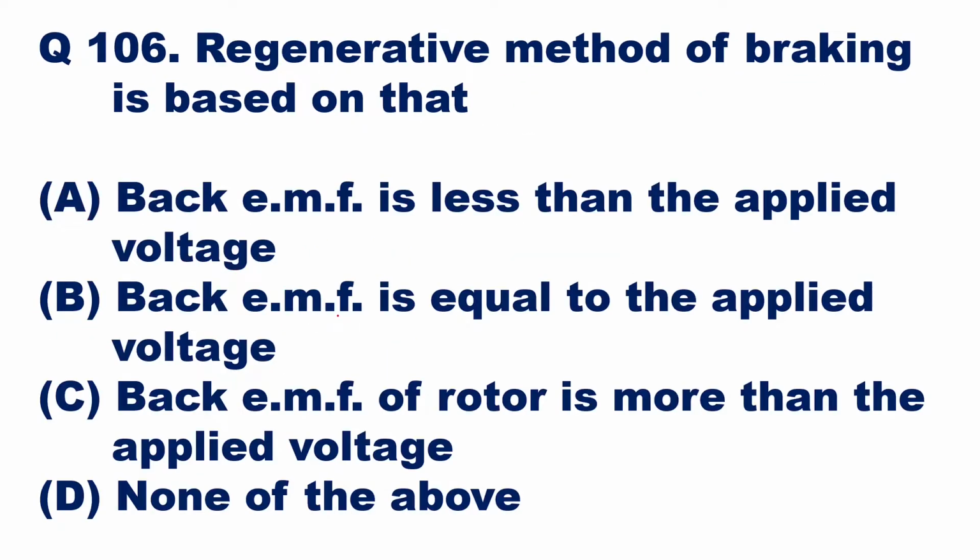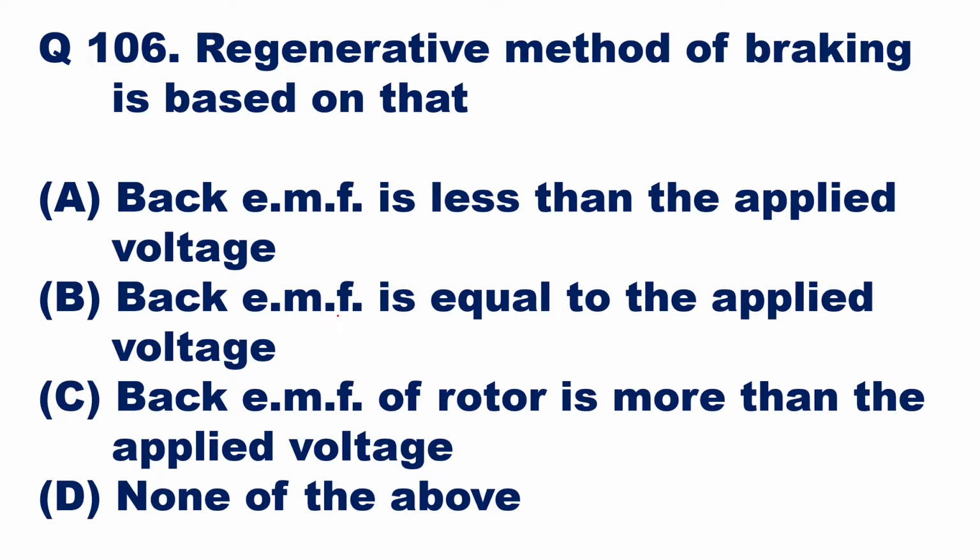Then we'll go to question number 106. The regenerative method of braking is based on what? Option A, back EMF is less than the applied voltage. Option B, back EMF is equal to the applied voltage. Option C, back EMF of the rotor is more than the applied voltage. Option D, none of the above.